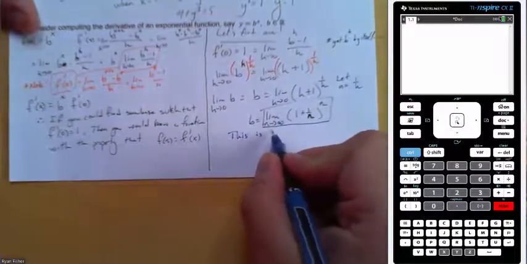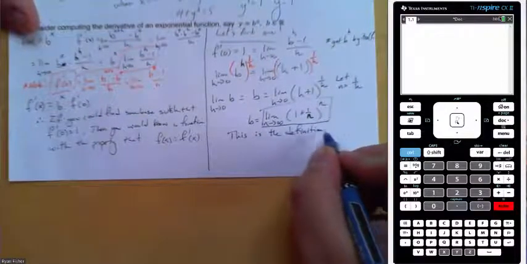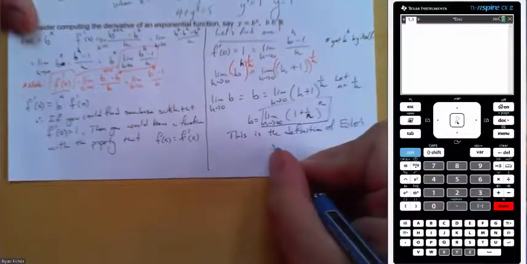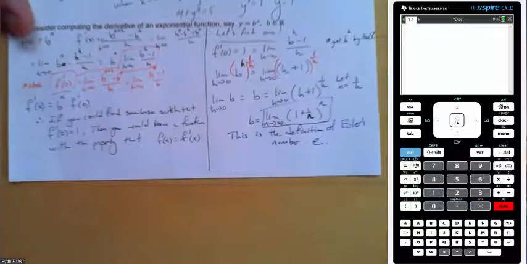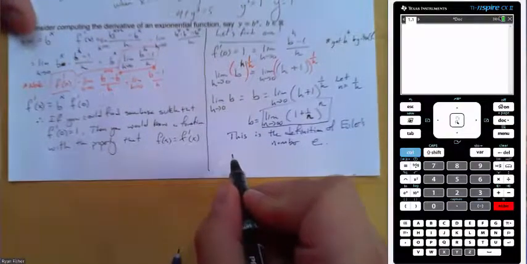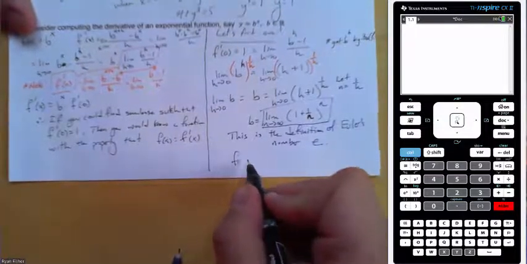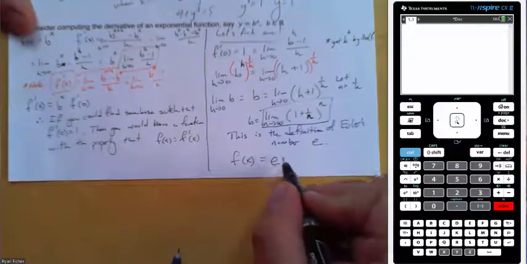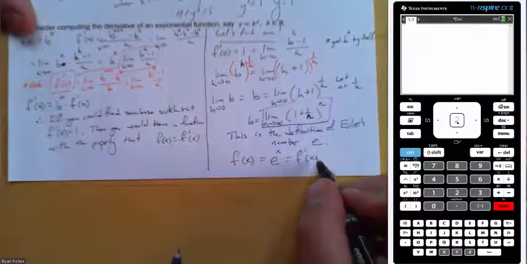This is the definition of Euler's number, e. Which tells us that the result of maybe our favorite thing to find the derivatives of in AP Calculus is that if the function f of x is e to the x, e to the x is equal to its derivative.